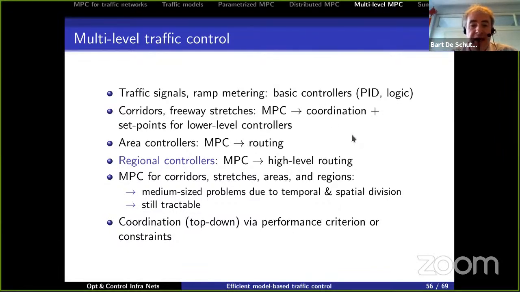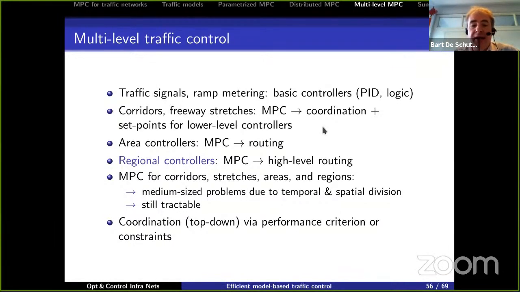If we then go up in the hierarchy and look, for example, at the coordination of several dynamic speed limits or the coordination of several intersections, then we can start to use MPC. MPC at the corridor level and the freeway stretch level would typically take care of coordination and provide set points for the lower level controllers. For example, a ramp metering rate or a green fraction for the traffic signals.